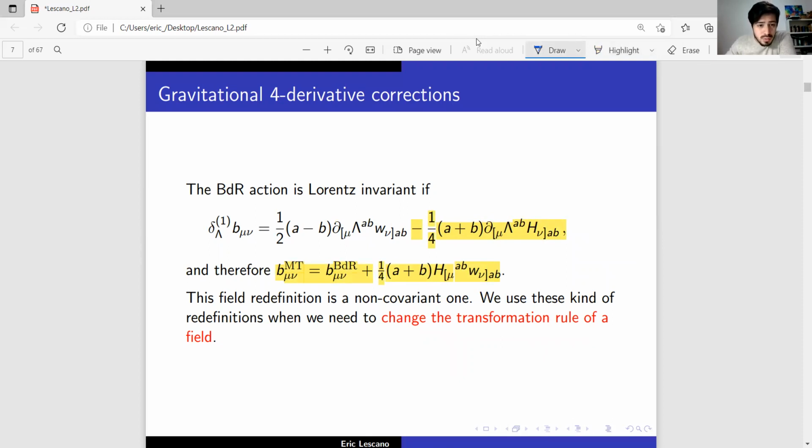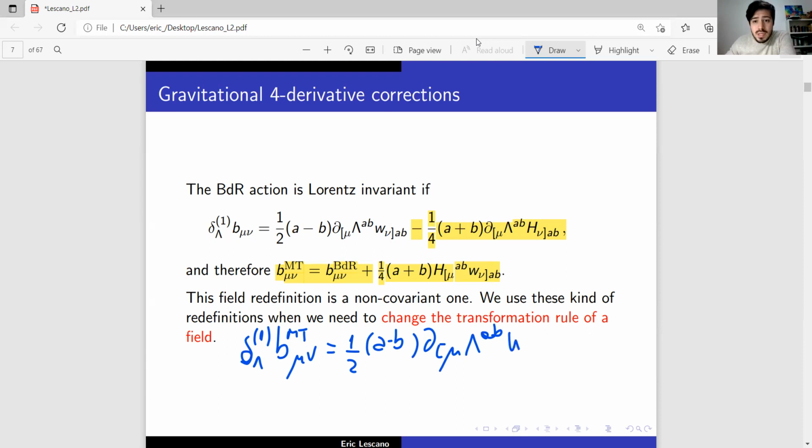The Metsaev-Tseytlin B field, if you want to recall this transformation, transforms only with the first term. We have only the first term. And the other term, in some sense, is including torsion in our connection.